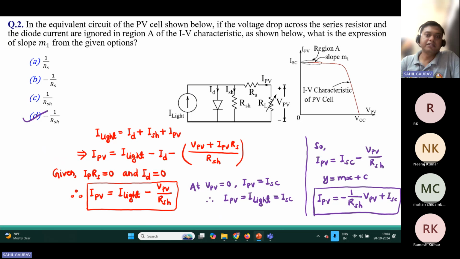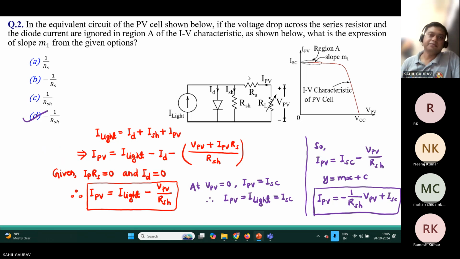Coming to the next problem. Here in this problem, the equivalent circuit is shown for this PV cell, and the voltage drop across the series resistor and the diode current are ignored.